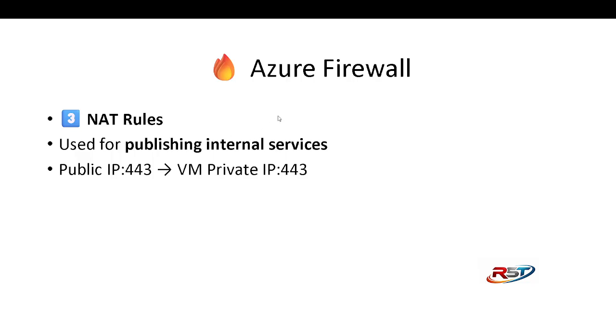For example, public IP colon 443 maps to the VM private IP 443. This way the rule is created, mapping the public IP to the private IP, with port 443 to 443.